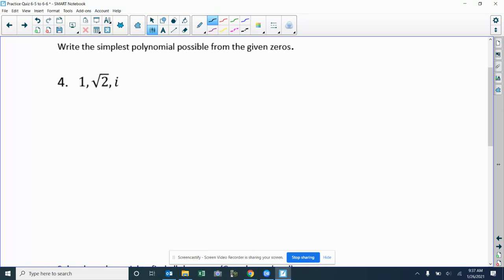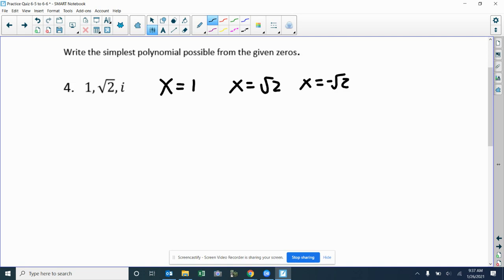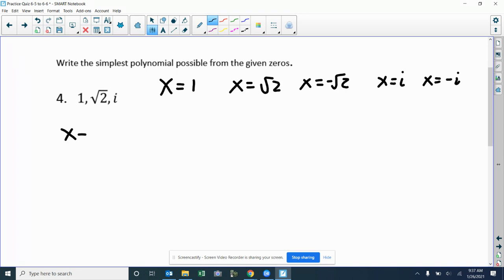All right, this guy here, we got x equals 1. We got x equals square root of 2. We got x equals negative square root of 2. We got x equals i. And we have x equals negative i. Bringing that over, x minus 1.